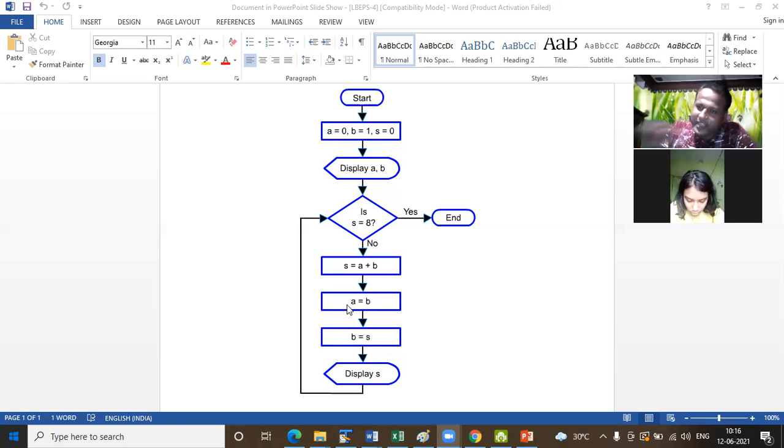So write here, A is equal to 5, right? Now B is equal to S. In S, 8 is present.